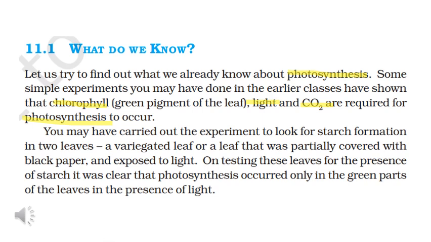You may have carried out experiments to look for starch formation in two leaves, a variegated leaf or a leaf that was partially covered with black paper and exposed to light. On testing these leaves for the presence of starch, it was clear that photosynthesis occurred only in green parts of the leaves in the presence of light.